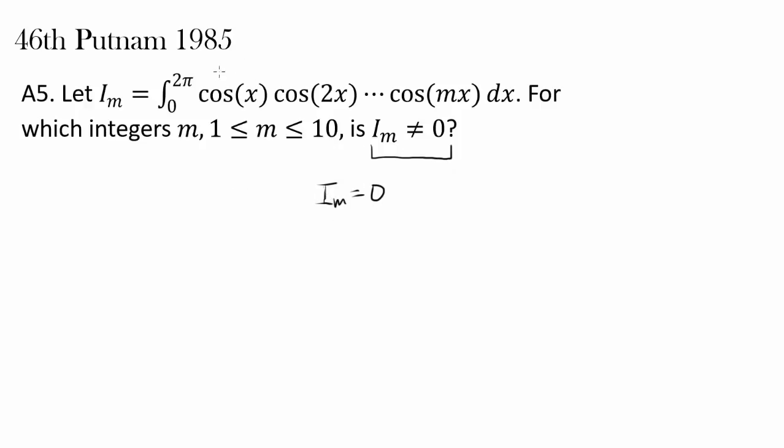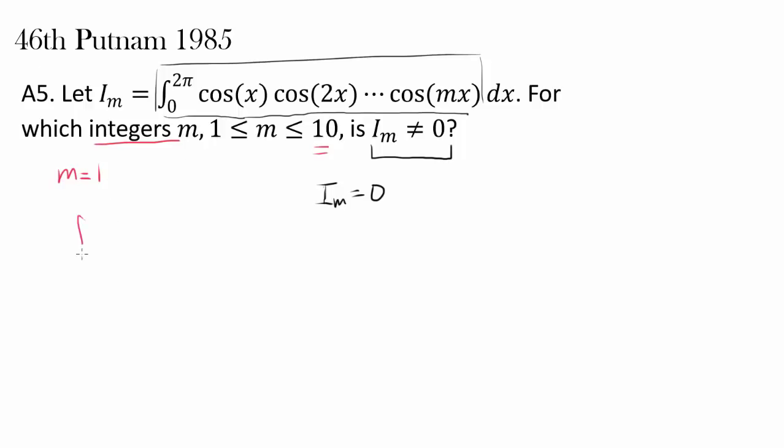Let's think about how to change this integral, how to possibly simplify it so that we can actually evaluate the value of it. Well, let's make sure we understand the question first. We're looking at m equals 1 all the way to m equals 10, and we're only looking at integers, so 1, 2, 3 all the way to 10.